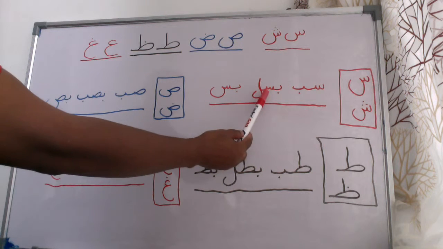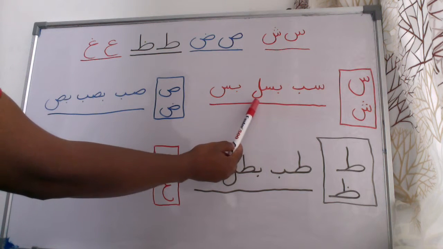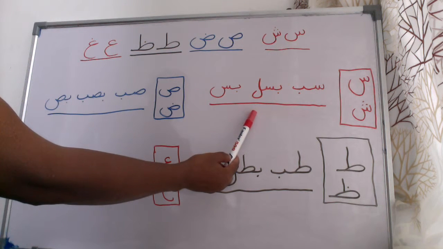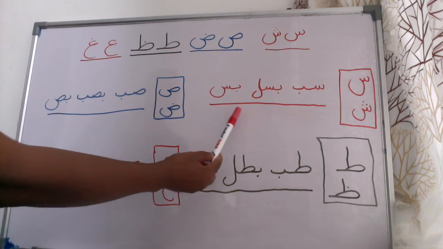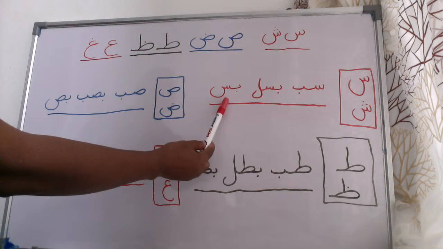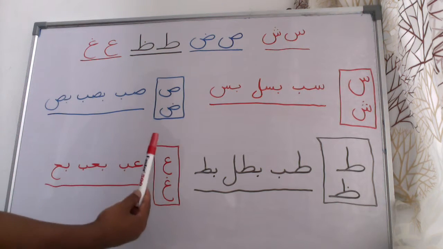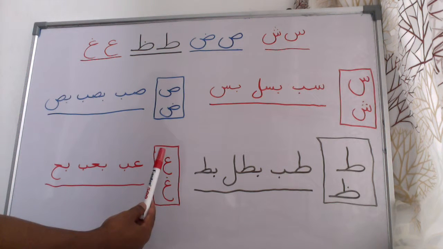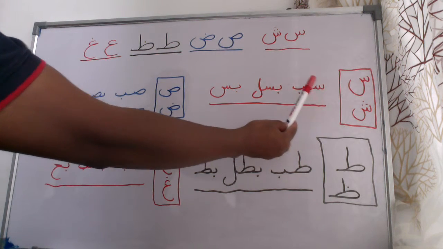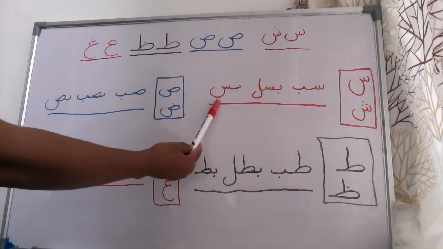This is the sin in the middle between the ba and the lam. And this is the sin at the end of a word, and notice the tail comes back again. So that's the sin in the beginning, in the middle, and in the end.